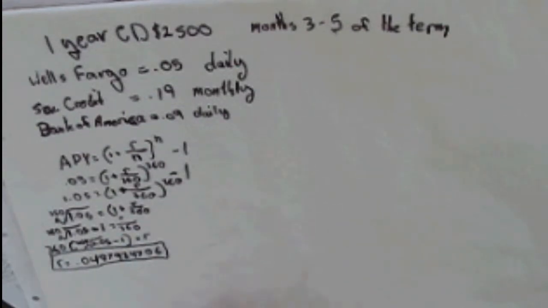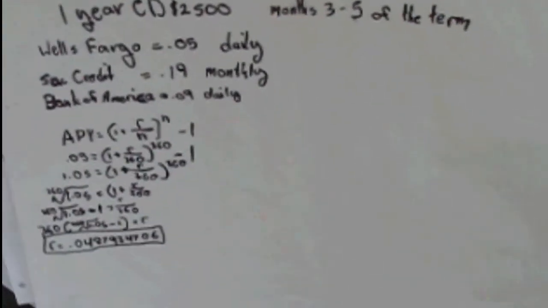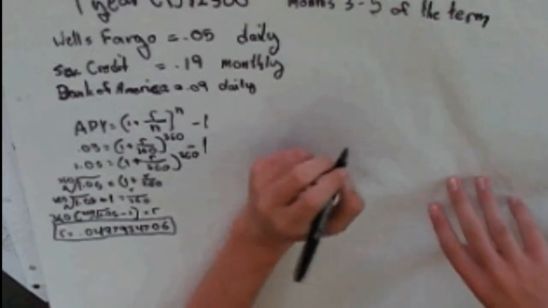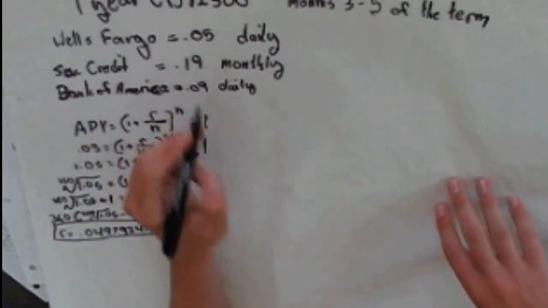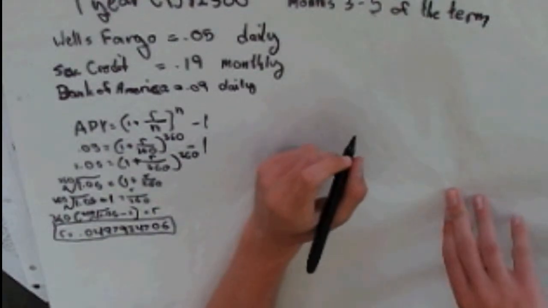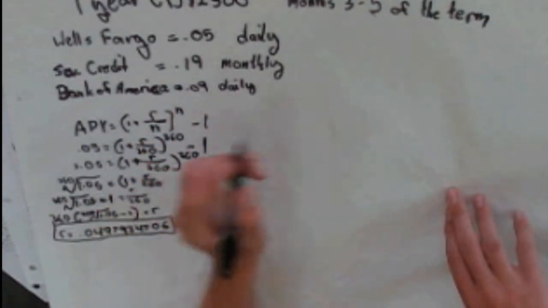So we're going to do the same thing again. And this time when we substitute in the values, we will be doing the values for the Sacramento Credit Union. So Sacramento Credit Union, the APY was 0.19, and it was compounded monthly. So our APY is going to be obviously 0.19, and our N is going to be 12.